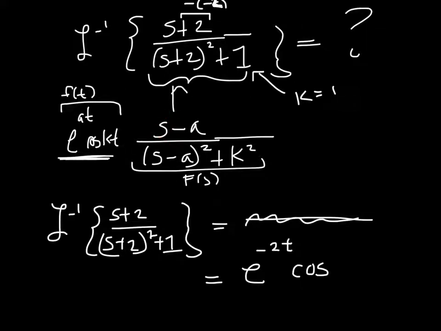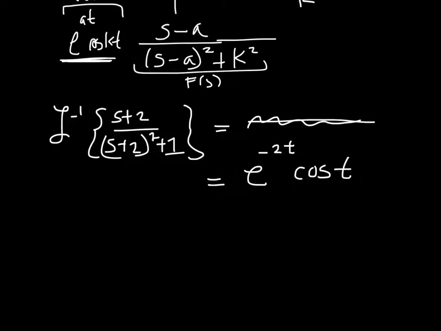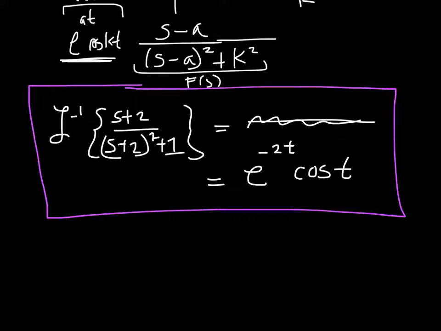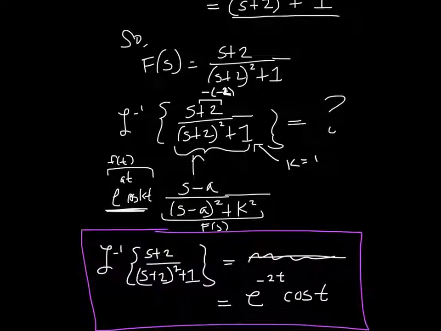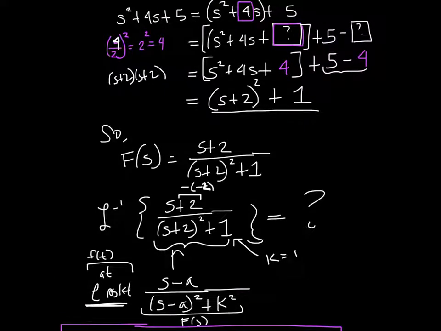It would be sine if it was just some constant. So cosine kt, so cosine t, so that's it. That is the Laplace inverse of this function, equal to this specific f of t. Again, the strategy here is remembering to complete the square.